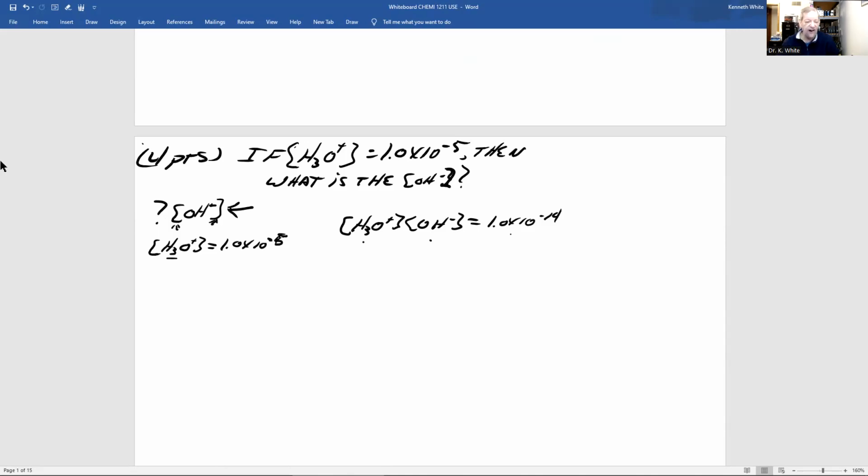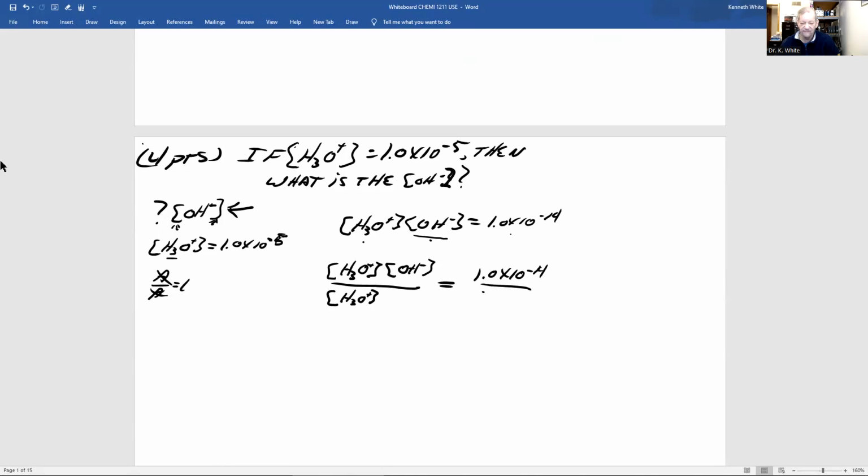Well, anything divided by itself, A divided by A, equals the number 1. So if I want hydroxide alone on one side, I'll divide this side by hydronium. Whatever you do to one side, you have to do to the other.